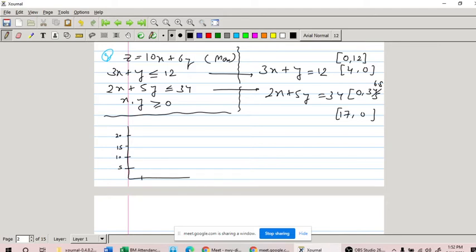Similarly here 5, 10, 15 and 20. This is your 0, this is your x and y.